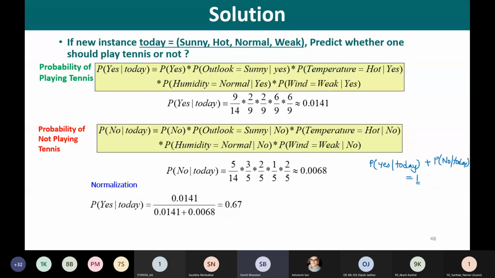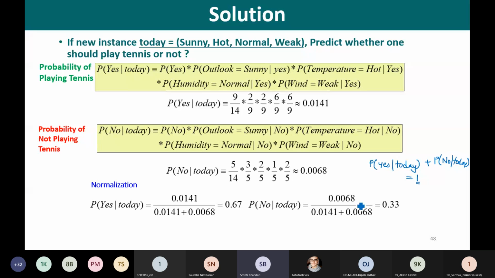those probabilities. So how are we going to normalize? Probability of yes given today is normalized as 0.0141 that we have computed, divided by the summation of these two. So it comes out to be 0.67. And probability of no given today comes out to be 0.33.